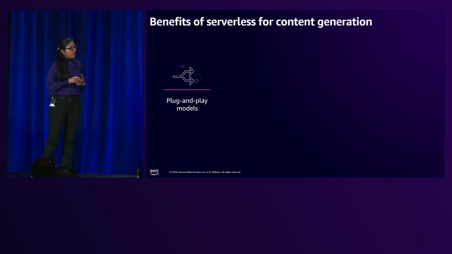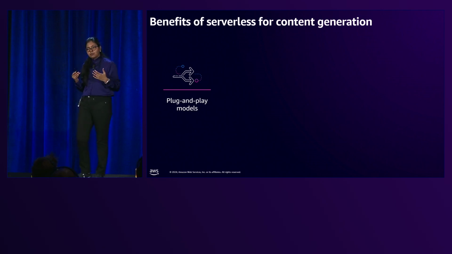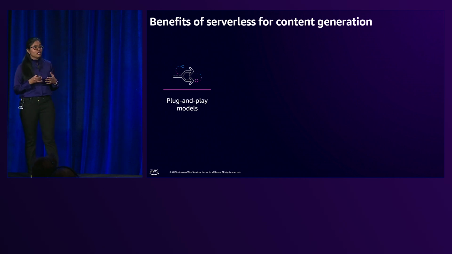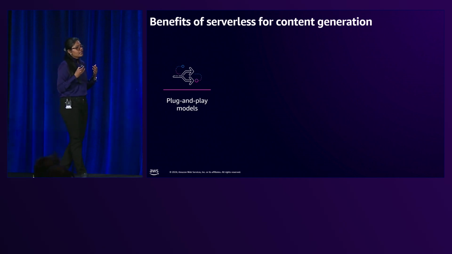And so what we saw just now is that you are going to use more and more purpose-built models because you want to improve the accuracy and performance of your generative AI application, and you will be switching models for the time being. Serverless allows you to plug and play models easily.